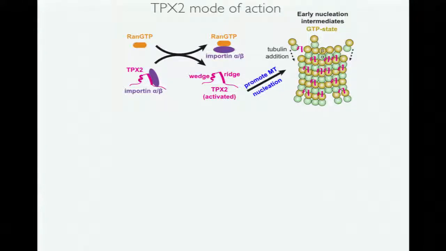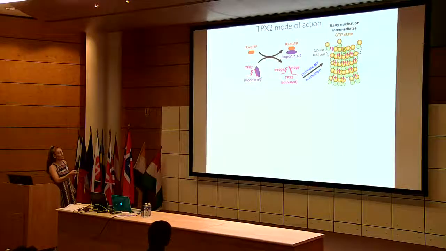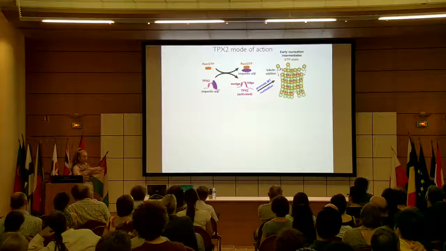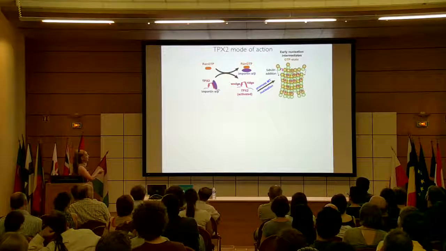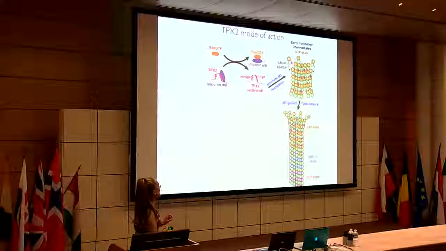And we think that this binding across dimers and across protofilaments, but with a flexible linker, means that this protein can bring together and facilitate the coming together of the tubulin subunits, even in very early stages in the nucleation process, where you don't have a fully closed cylinder and there are different degrees of angle between the protofilaments. Now, because of the wedge, and where it binds, it will be very sensitive to nucleotide state, and that's why it binds to the end of microtubules, but it does not bind to the rest, which is a compacted lattice.